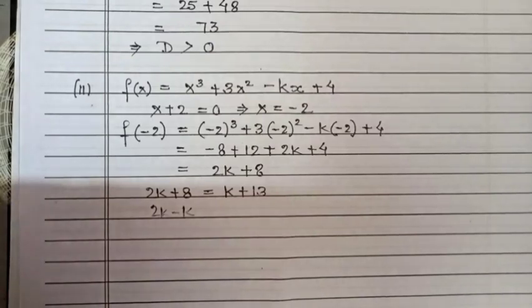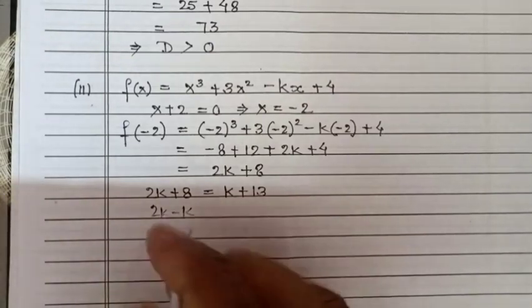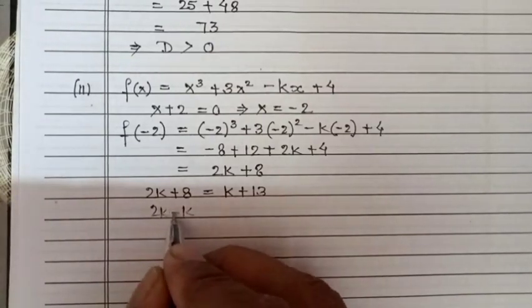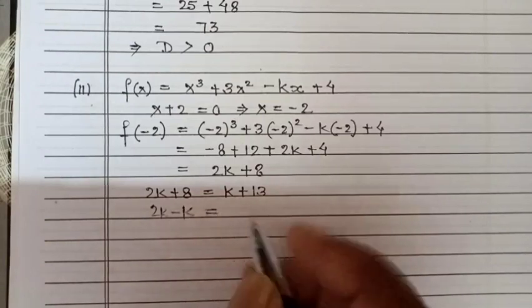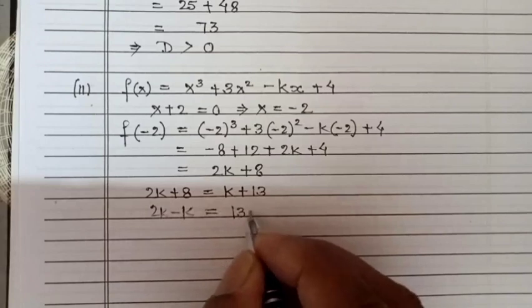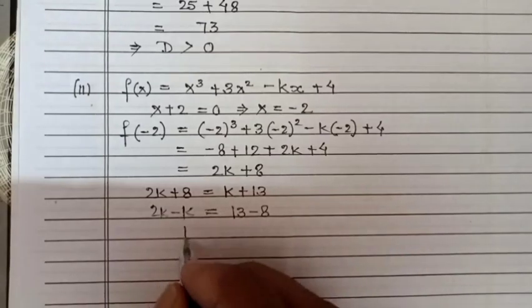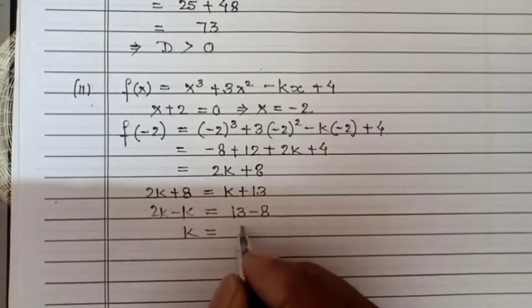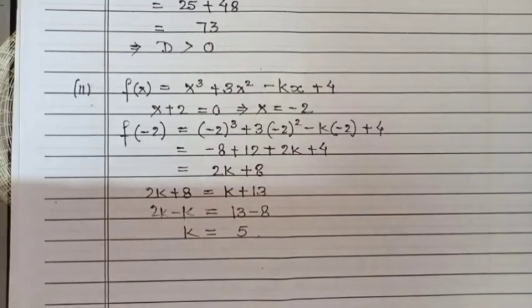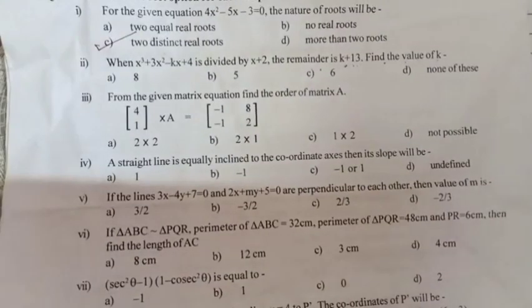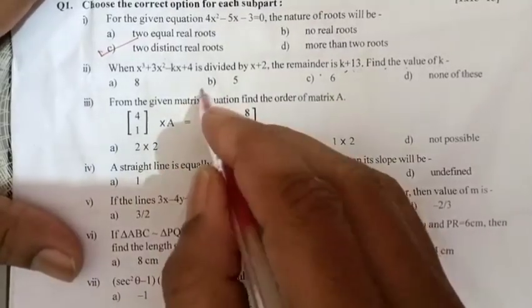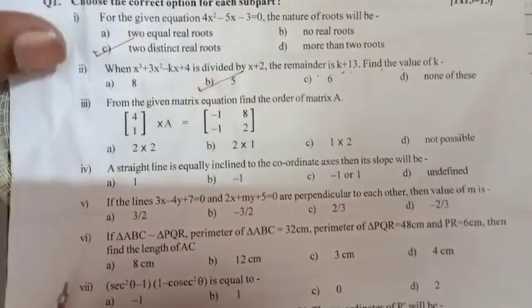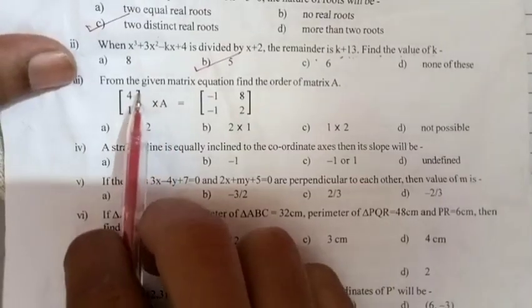So from here you will get the value for k. So k is equal to 5. So our second option will be B part, k is equal to 5. Now moving on to the next one.